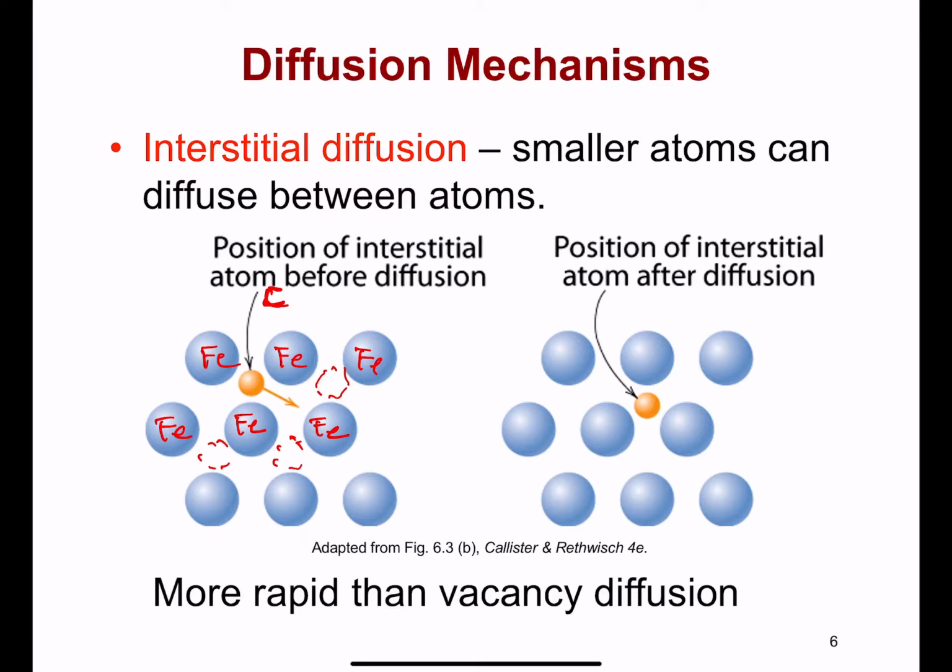So what we know about interstitial diffusion is that the availability of vacancies is much higher, if you want. There are plenty of interstitial sites available, far outnumbering those that would be vacancies in the iron atom positions.